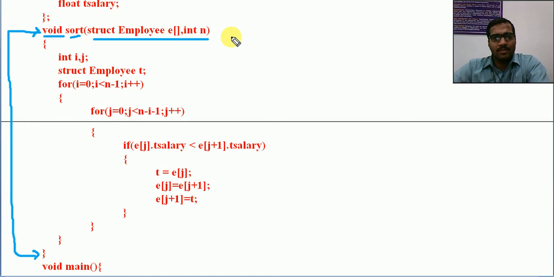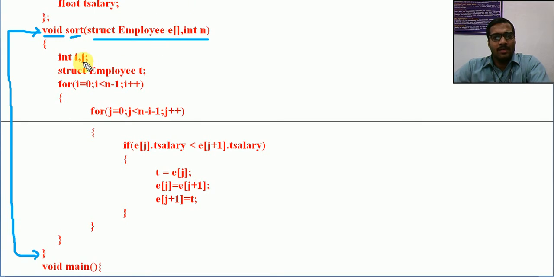This is a formal parameter, just for mentioning that the first parameter is an array of structures, and the second one is an integer. We are passing e from here, so that structure is assigned into this formal parameter e.